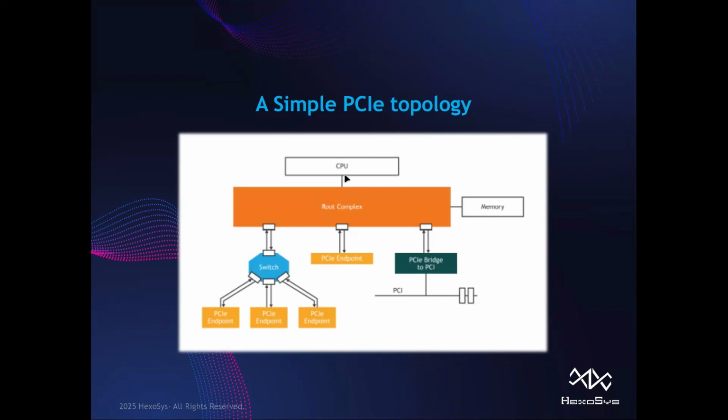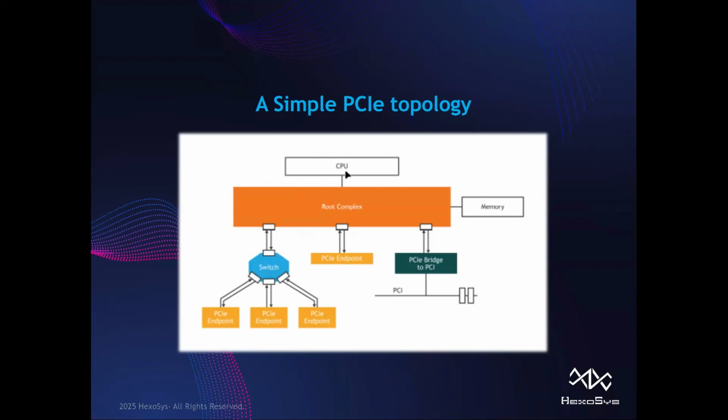In that, the CPU, using some configuration requests, will extract the topology, and it can discover all the PCIe components, including endpoints, switches, or bridges, and then it uses those configuration spaces to create a mapping.